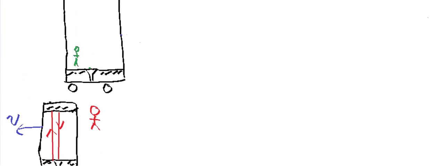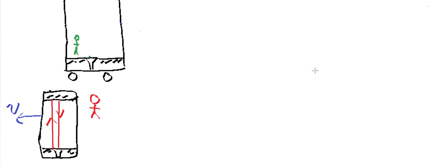So we build a clock of our own that is also going to be h tall. And from Einstein's vantage point, both myself and the clock are moving with the same relative velocity v, at least in magnitude, but in the opposite direction.